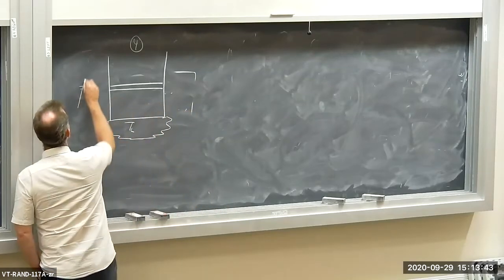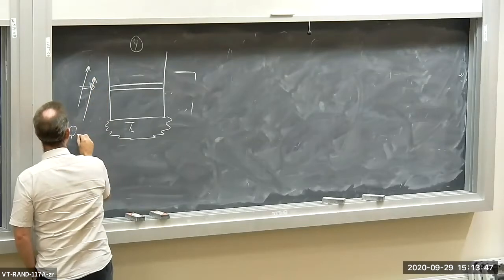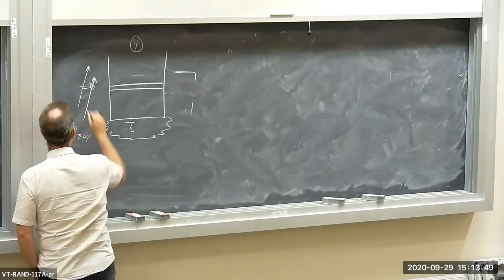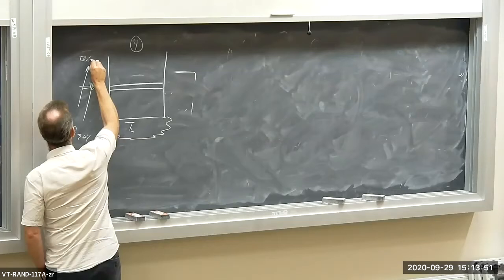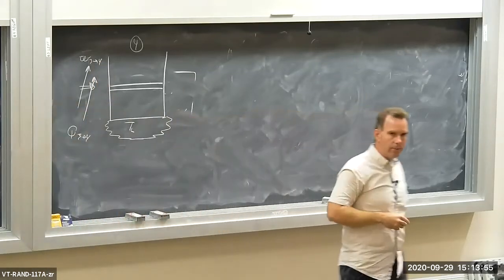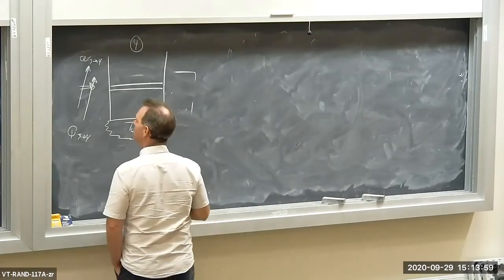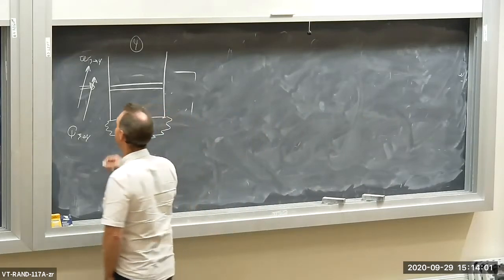So there'll be some sort of a heat interaction from 3 to 4 and some sort of boundary work from 3 to 4. And the process 3 to 4 is going to be isothermal compression.